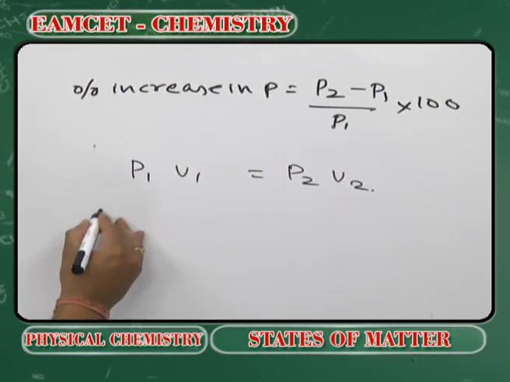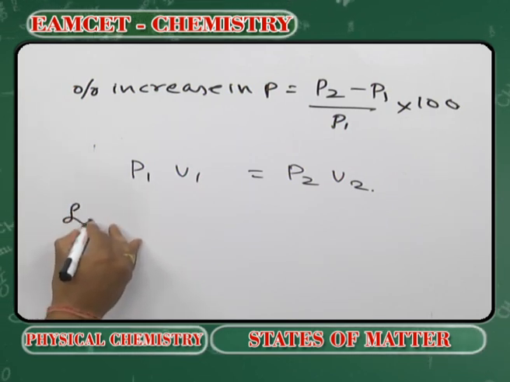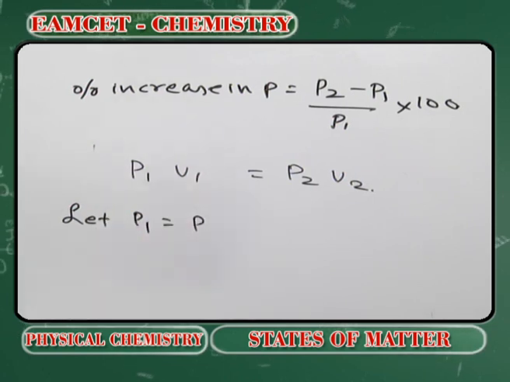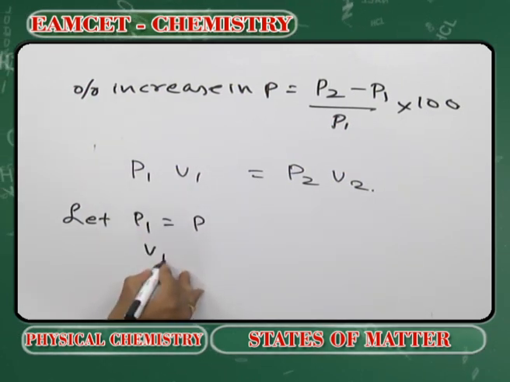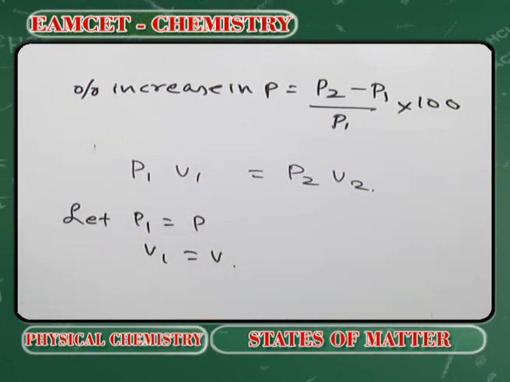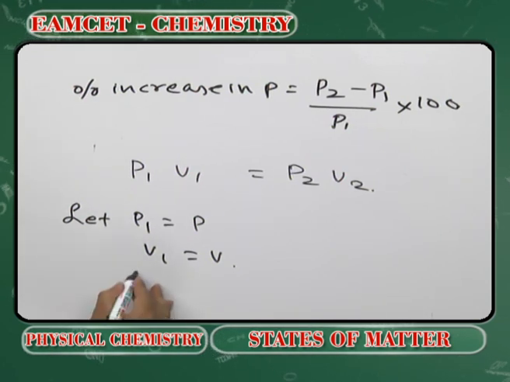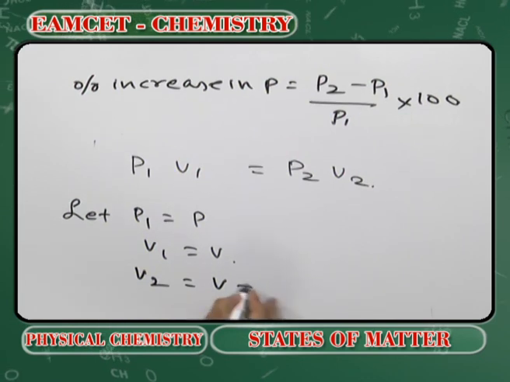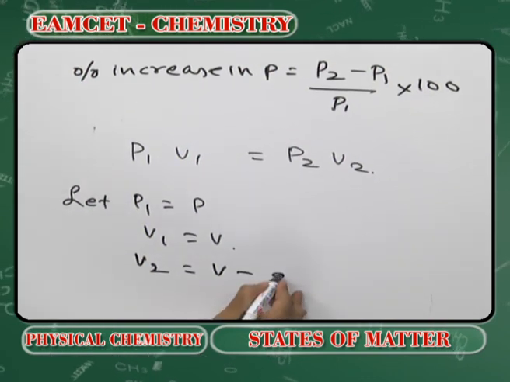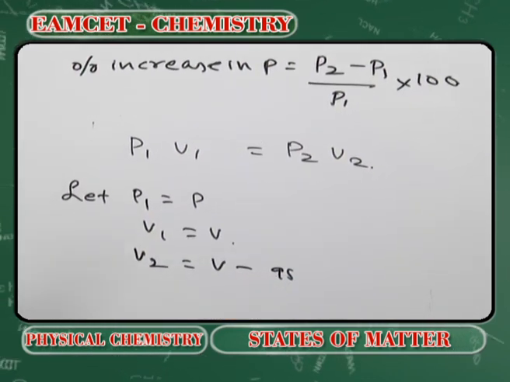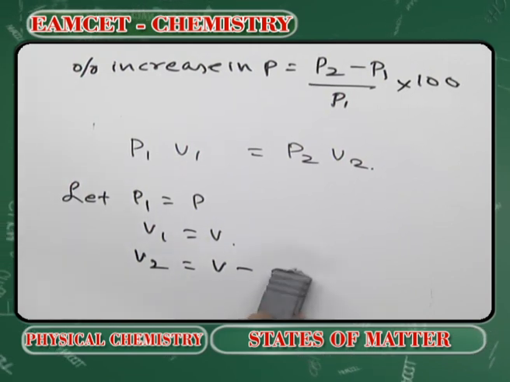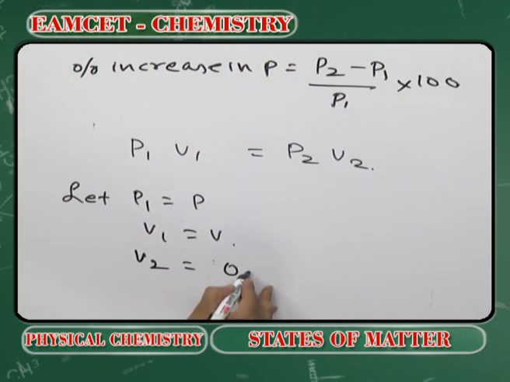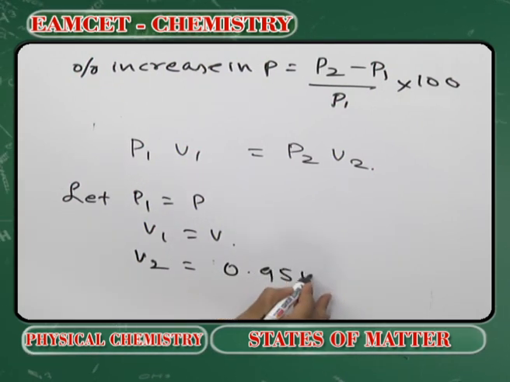Let P1 be equal to P and V1 be equal to V. And what will be the V2 value? V minus 5% of V, that is 95% of V. So V2 will be equal to 0.95 V.